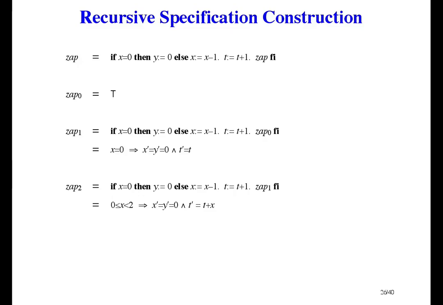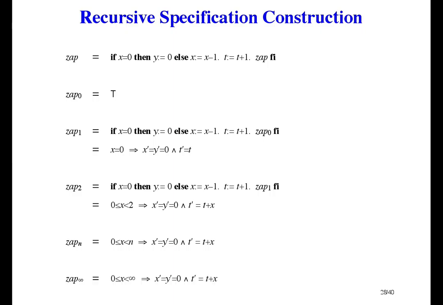Maybe we should do a few more, or maybe we can now guess the general case. I'm guessing zap n equals, if x is in 0 to n, then x prime and y prime are 0, and t prime is t plus x.